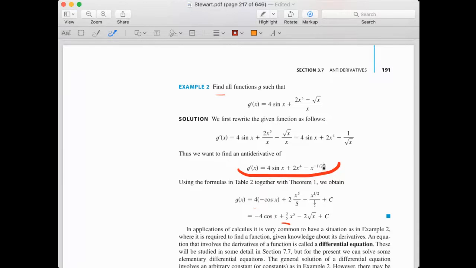Add 1 to the exponent, negative half plus 1, positive half. Then divided by half. Divided by half is the same as multiplied by 2. So we have x raised by half divided by half. Then we simplify this, we get a minus 2 radical x. Then we add constant family to it, add C. So the antiderivative is a family of functions.